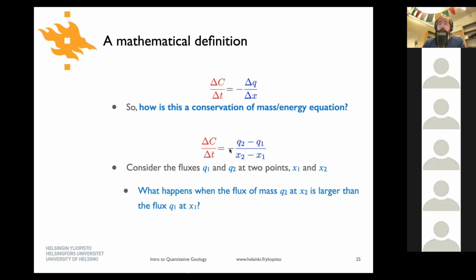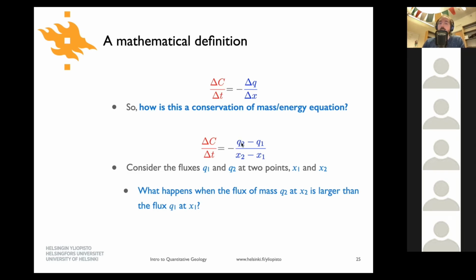Now this has got a negative term here. So if the flux at Q2 is bigger than the flux at Q1, then this whole term is positive. And when you multiply by the negative sign out in the front, you end up with the concentration decreasing with time. So if more mass is being fluxed away at Q2 than Q1, it would suggest that our concentration would be going down with time.